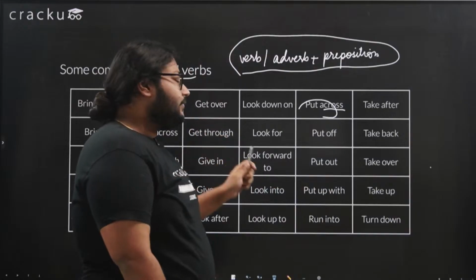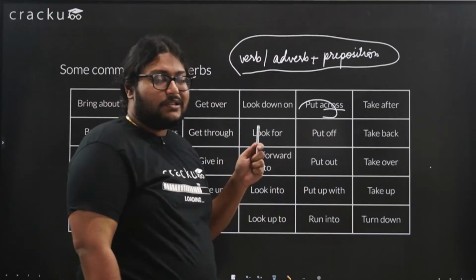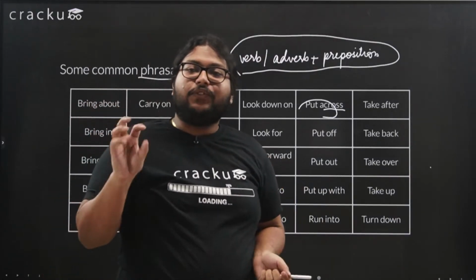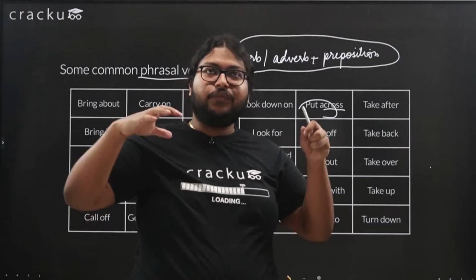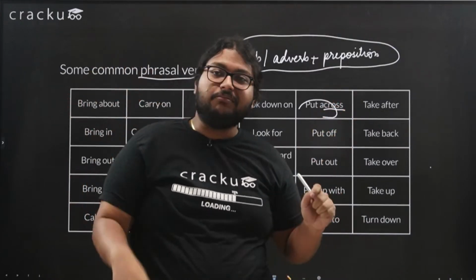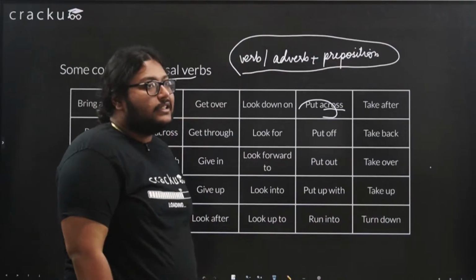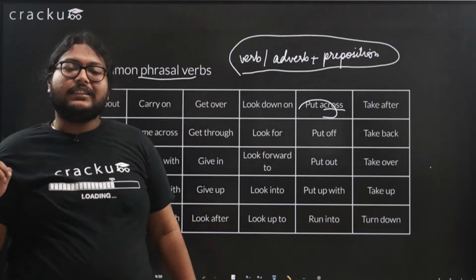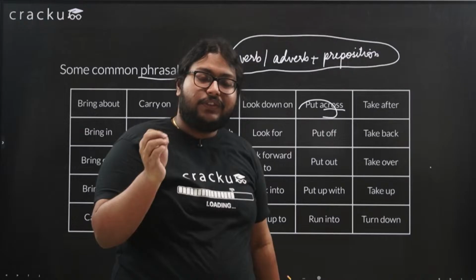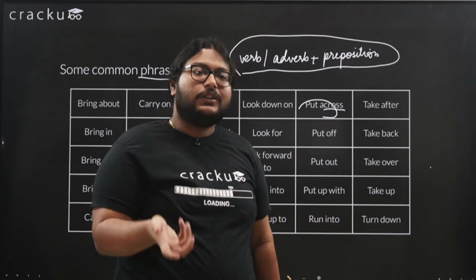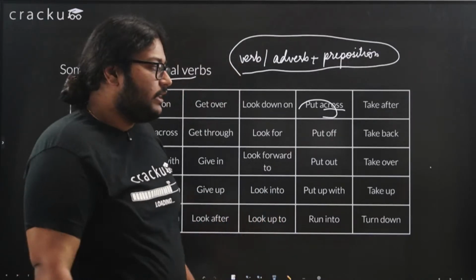What makes it different from idioms is that idioms are very formal English. Like, you know, in formal books, formal settings, you'll find them. Phrasal verbs, on the other hand, are more colloquial, as in day-to-day life, when you are speaking to someone, you'll use them more. That is the difference.